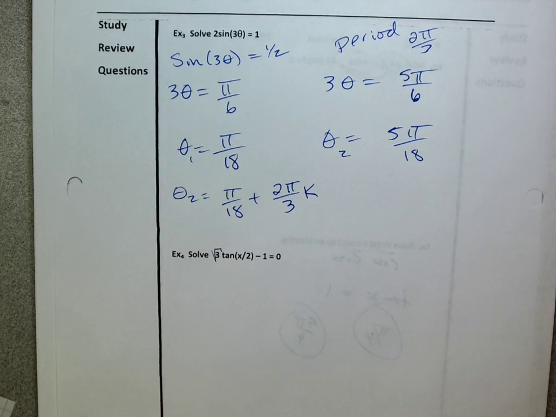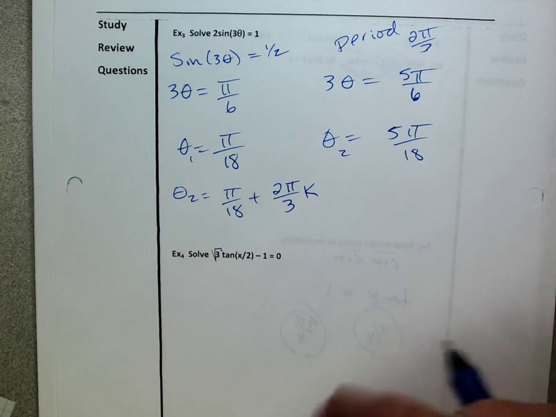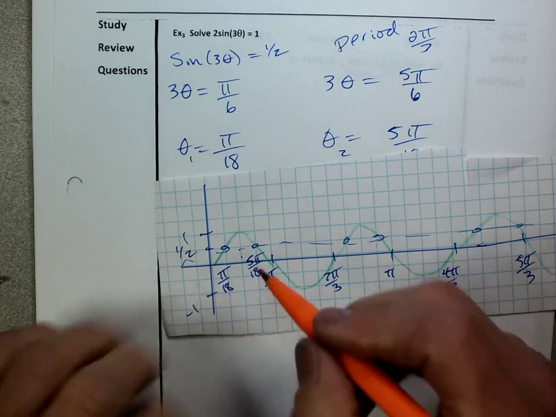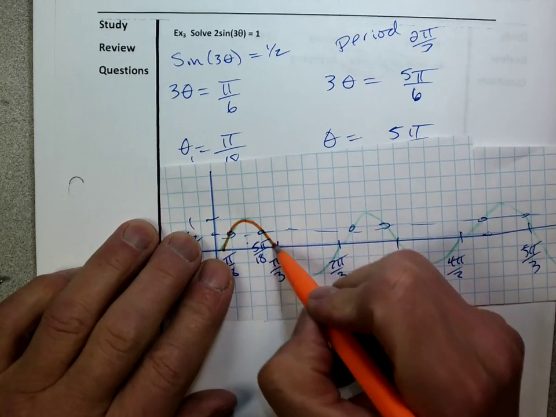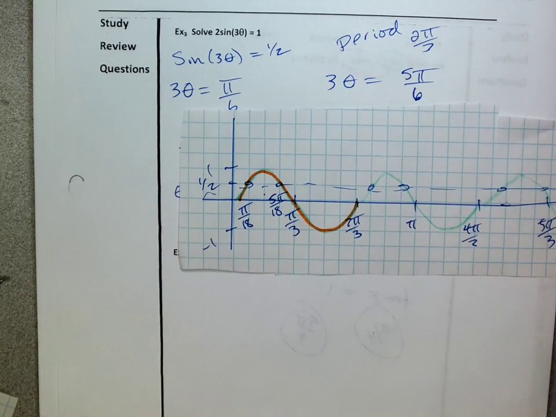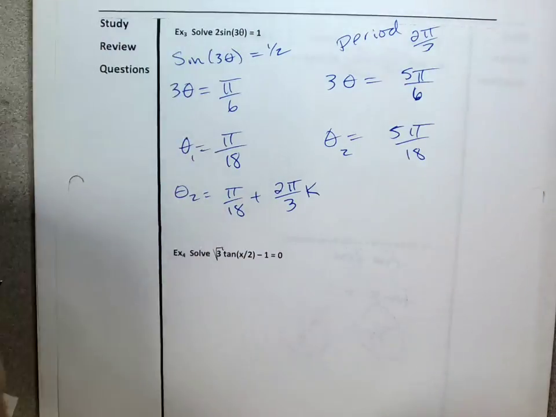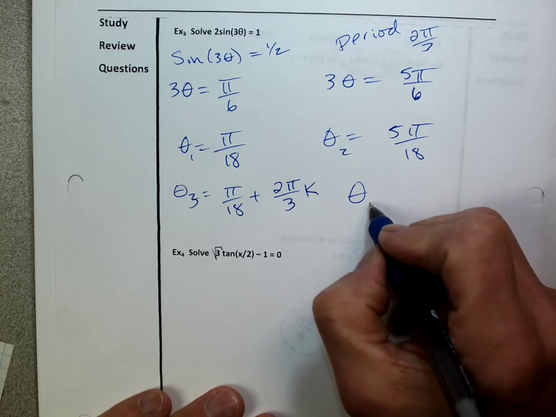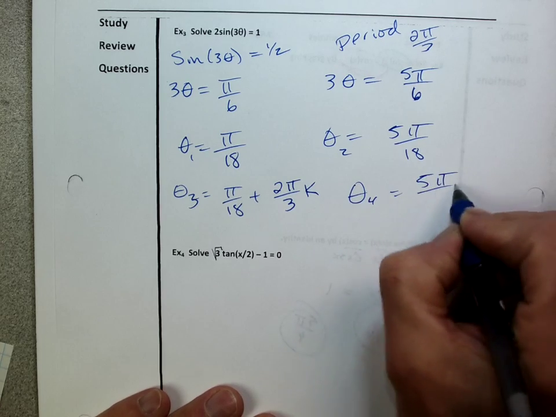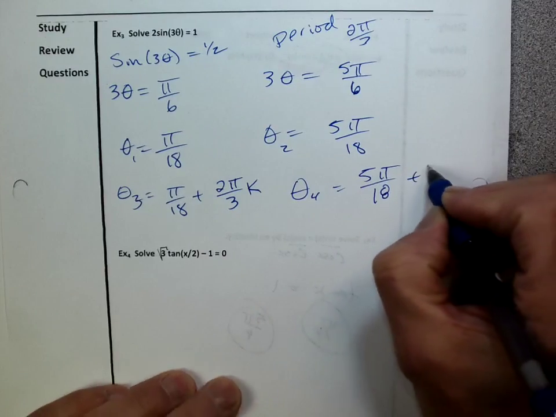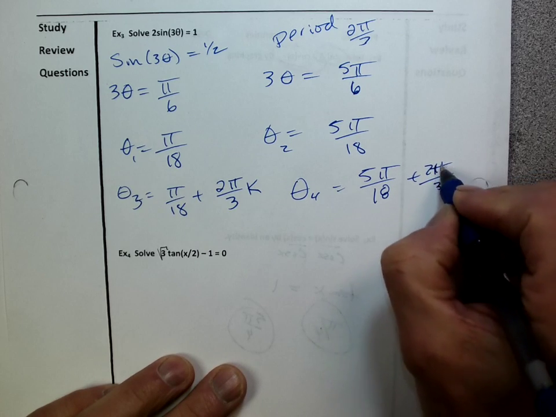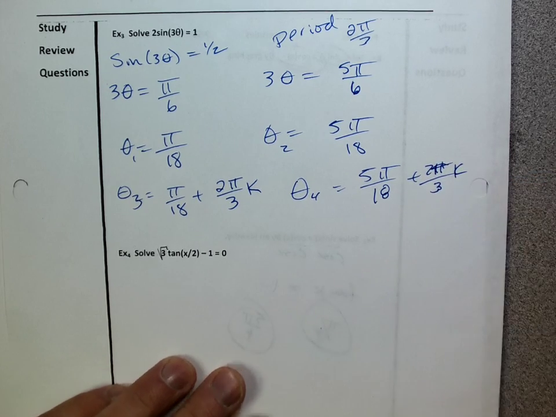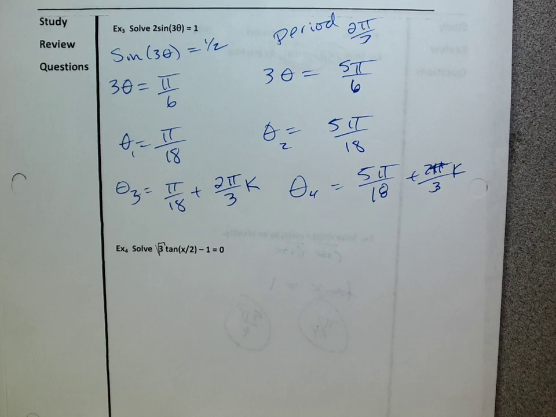Okay, 2 pi/3, because what is the period of this curve? 2 pi/3, isn't it? So you're just going to be moving 2 pi/3 over. And I can do the same thing on the other side and say that theta 4, 5, and 6 is going to be my 5 pi/18 plus 2 pi/3 k, and k would be the values 1, 2, and 3. That gets us all of our answers.